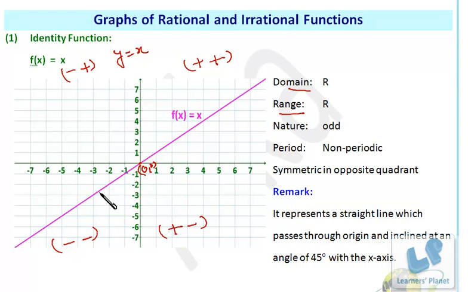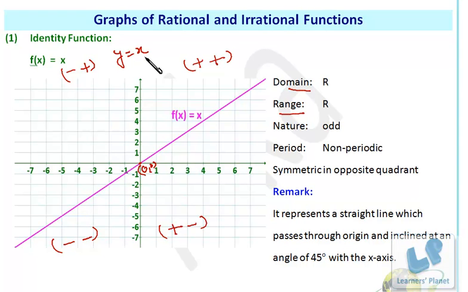Now, what are the properties of the straight line? See, y is equal to x. That means whatever the value of x you are assigning, the same value will be assigned to y. If x is 1, y is 1. X is 2, y is 2. X is 3, y is 3. X is positive, y is positive. X is negative, y is negative, right? So when x and y, both of them are positive, that means it is the first quadrant. And when x and y, both of them are negative, this is the third quadrant, right?